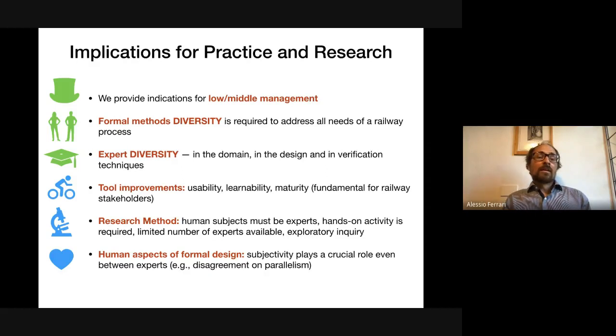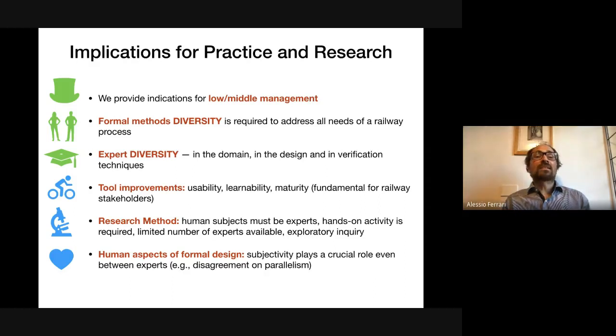One crucial thing that must be highlighted is related to formal methods diversity. So we need a combination of formal methods to address all the needs of the railway development process. At the same time, we need expert diversity.